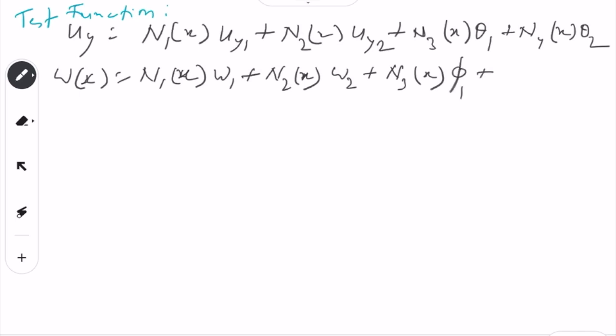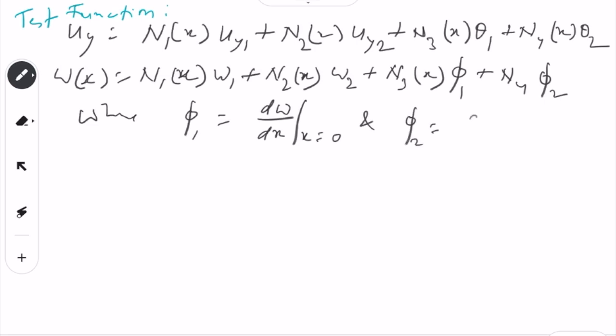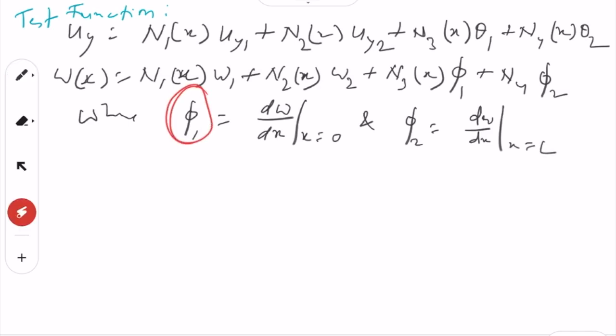Phi 1 plus N4 phi 2, where phi 1 equal to dw over dx at x equal to 0, and phi 2 equal to dw over dx at x equal to L. Okay, so that means if you know the w, you can just differentiate it, you can find out phi 1 and phi 2. So this is how it is written.